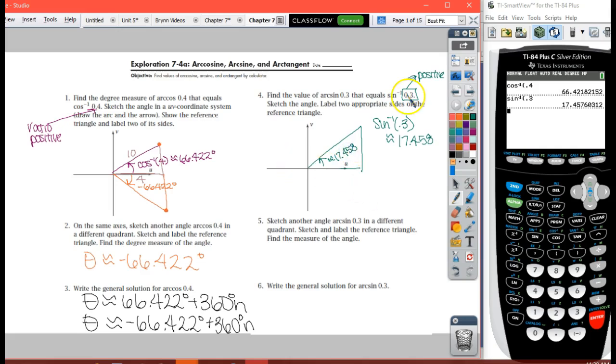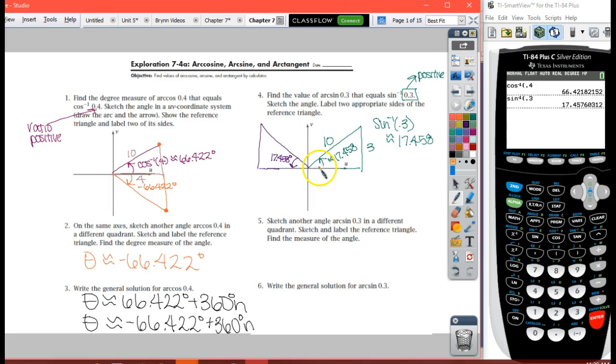And so since my ratio is 0.3, the opposite side we could write as 3, where the hypotenuse would be 10. Now arc sine wants to find more than one answer. And so sine is also positive in the second quadrant. And my calculator doesn't give me that answer, so we're going to have to use this reference angle to find it. I know that if this is 17.458, then this reference angle is also 17.458 degrees.